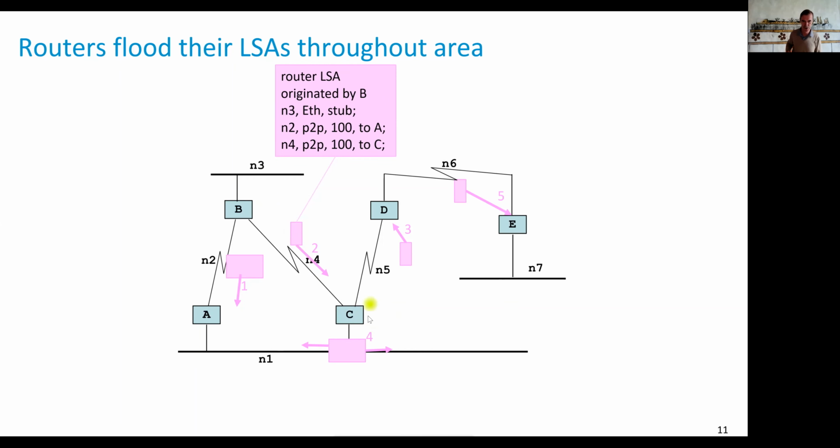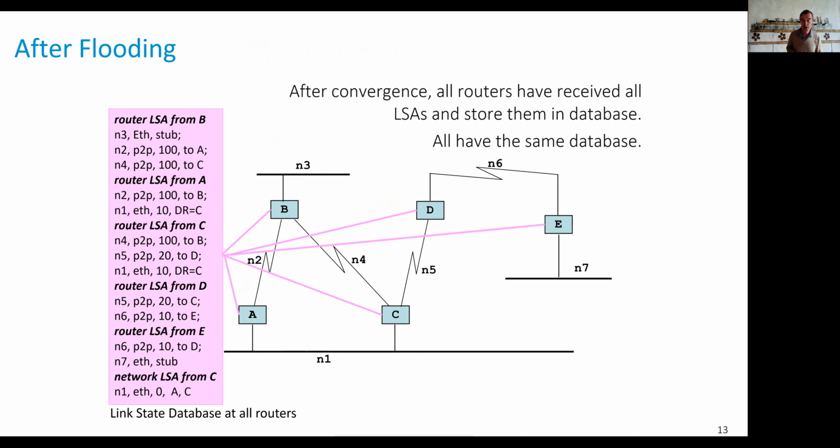This message will be received by C, and it has a number. It will be resent by C to A, but A will not re-forward it if A receives a message from C before. It's also possible that A manages to send this message back to C before, in which case C would not flood it, send it back to A. And at the end, after this mechanism, which is very simple, it's not very efficient in terms of bandwidth and computation.